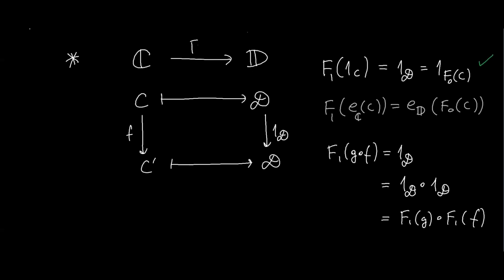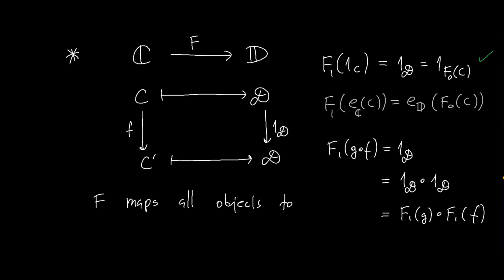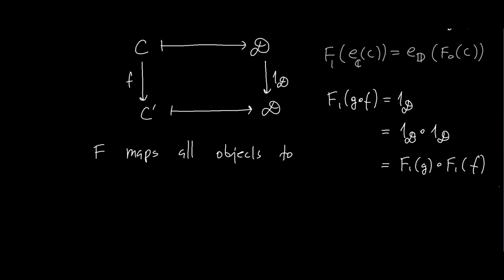So this functor F maps all objects. So while I'm writing this out, please go ahead and think of other examples which we could consider.